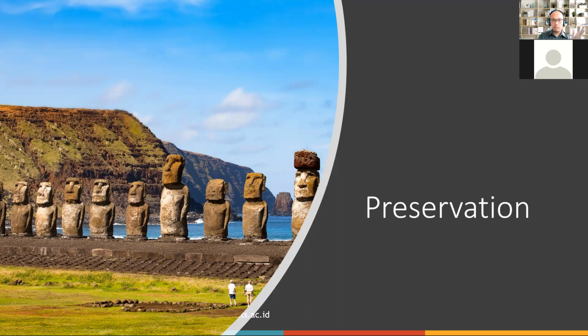Sometimes they even treat the old, damaged materials to ensure their structural integrity, but they don't replace the materials at all. If they do have to replace it, then they will try to recreate it as accurately as possible.